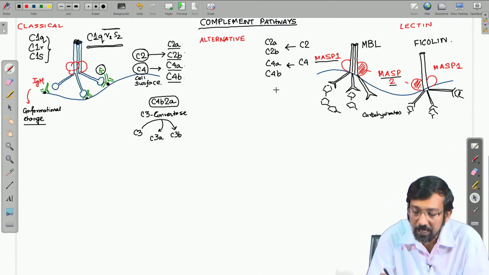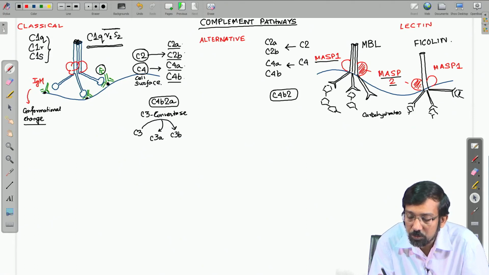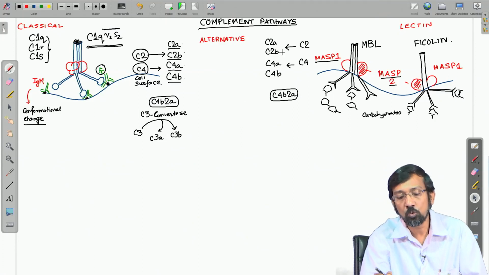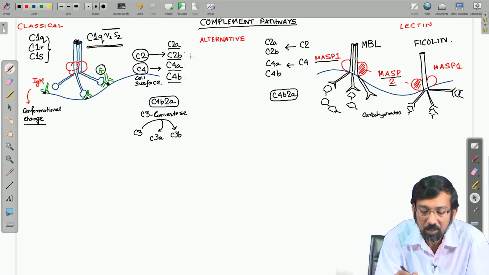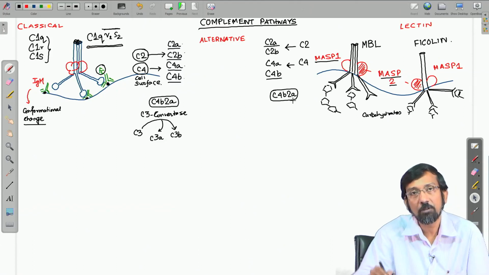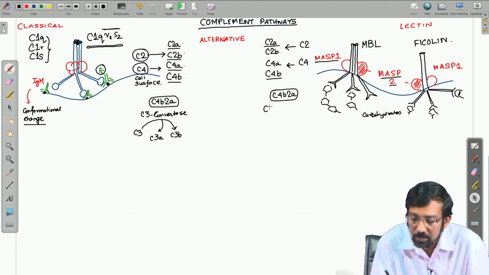Now, here again this leads to the formation of C4b2a. So, again the C4b and the C2a combine, and they form another intermediate in the complement system, which is known as C4b2a, and it is also a C3 convertase.